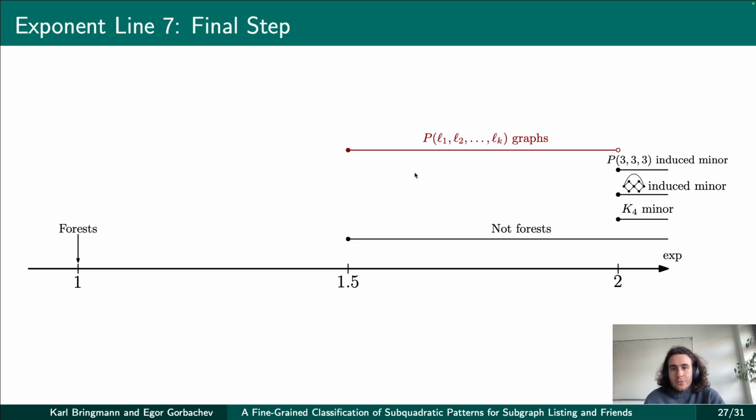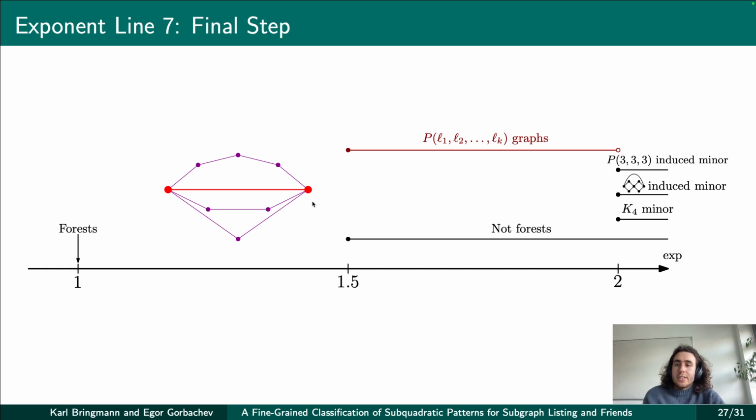So now, if we go back to our exponent line, we know that our P graph can have at most 2 paths of length at least 3 to be subquadratic. We're almost done, almost there. It remains to see that if such a graph has a path of length 1, then this path is a clique separator. This edge is a clique separator of size 2.